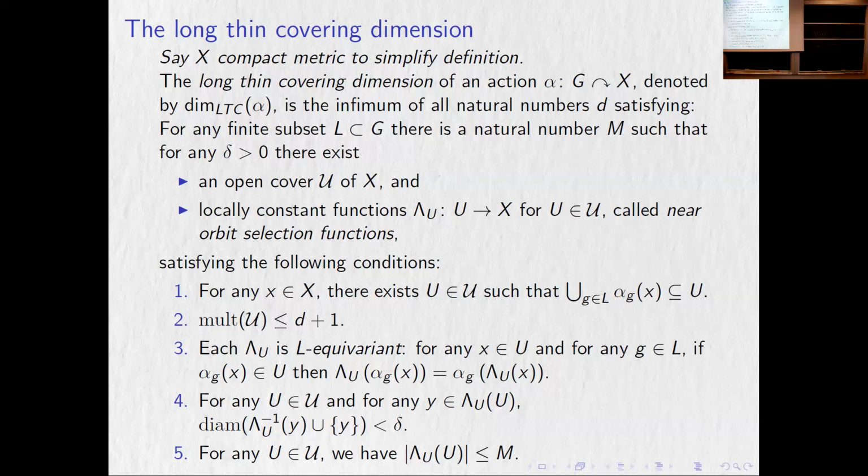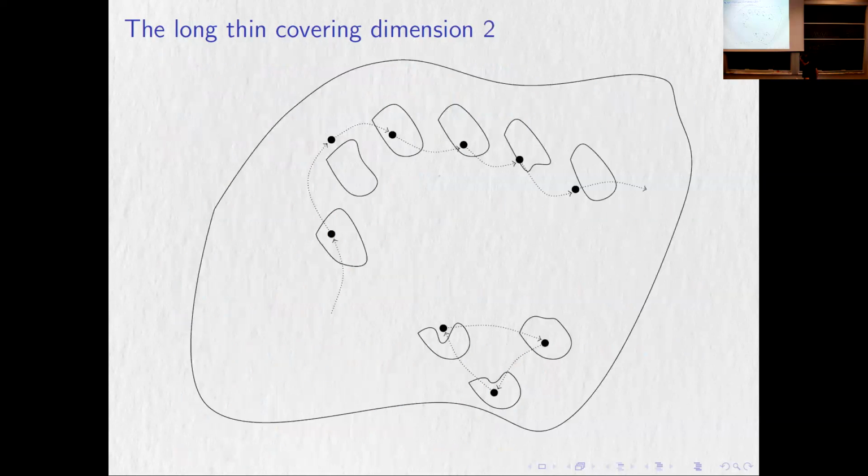Not exactly, but it somewhat resembles it, adapted to the non-free setting. So maybe before we go into the definition, I'll show you a picture that illustrates it better and is nicer than the definition. So what we have is this.